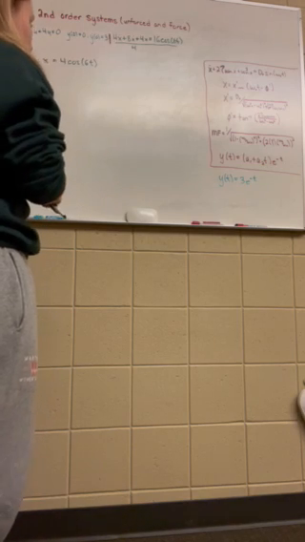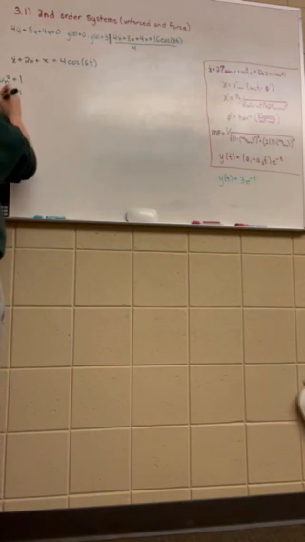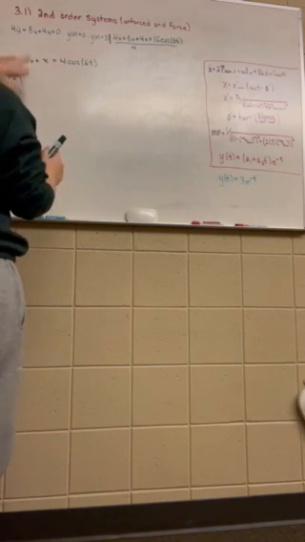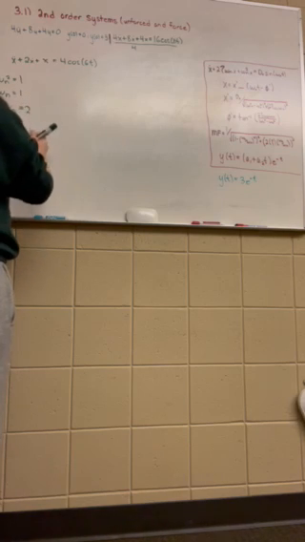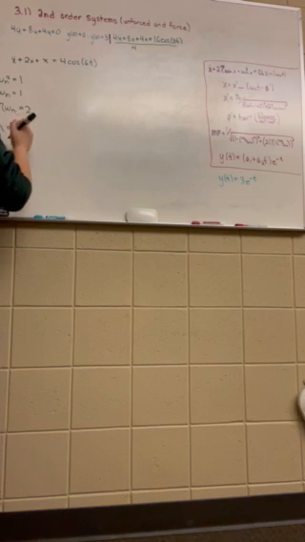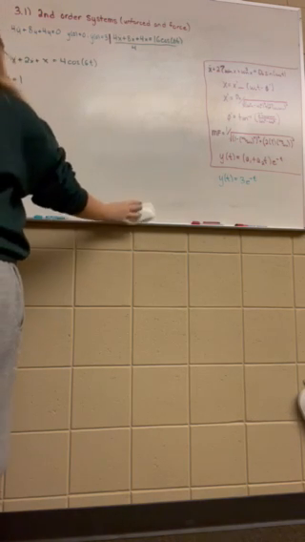And then we can find the damping coefficient from that. So 2 times the damping coefficient times omega n equals 2. And we know that omega n equals 1, so this means that the damping coefficient is going to equal 1 again.